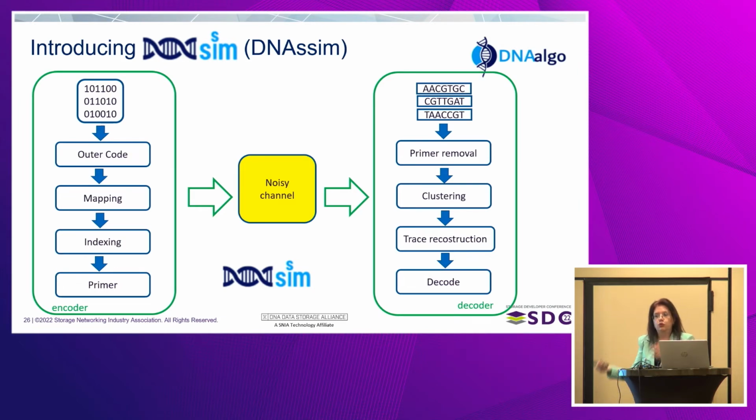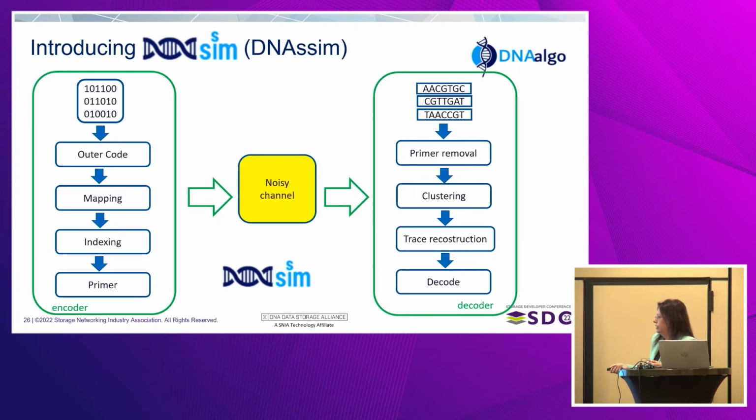Then we need to map into nucleotides, so we also have a mapping, and there can be different strategies to map our data into nucleotides. As we already mentioned, we need to split our file, composed of ACGT, into strands, and at that point we need to index them, otherwise it's not possible to rebuild our file. Then we have the mechanism of primer attachment, basically to emulate the biological behavior from the information point of view.